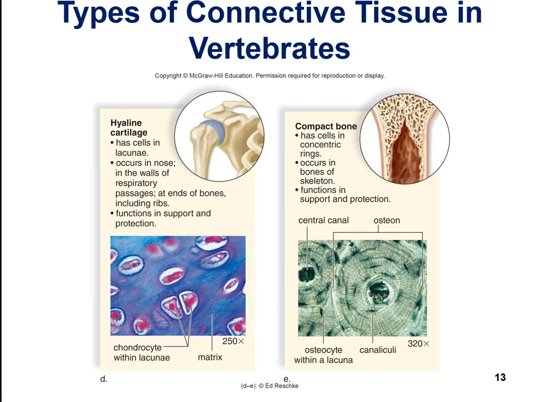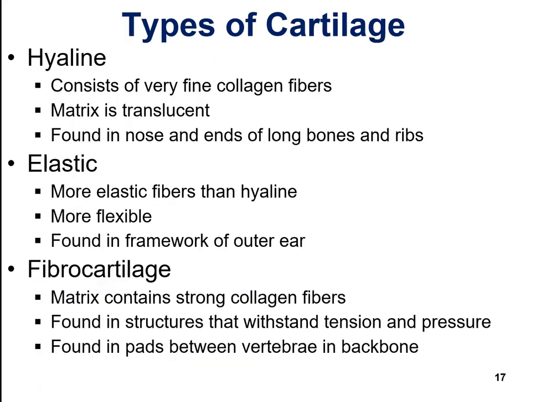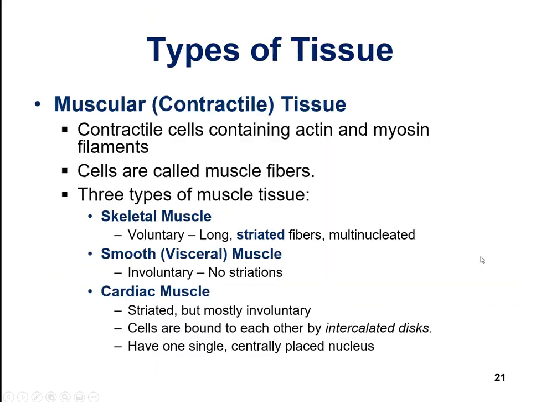Hyaline cartilage, right? Bone. These are all connective tissues, okay? Blood, connective tissue. Okay, remember I added this in for this lecture here. This is the type of picture I would use for you to identify. Know it's blood, know the components, red blood cells, white blood cells, and platelets.